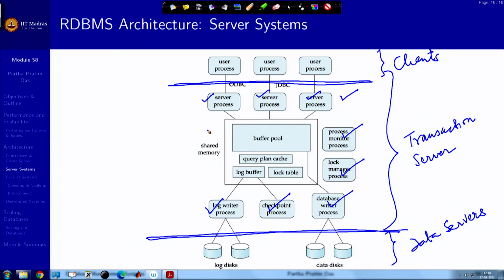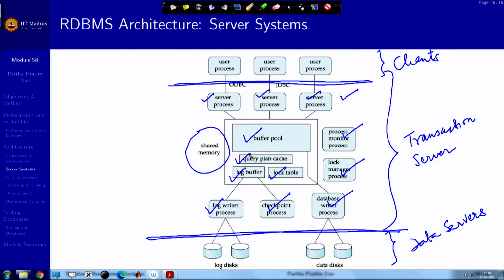And what sits between them, typically in a shared memory or some other configuration, are a number of buffers and queues that are maintained. So, you have a buffer pool, we learnt about that, we have log buffer occurring here, we have the log table occurring here, we have the query plan caching occurring here, and so on.